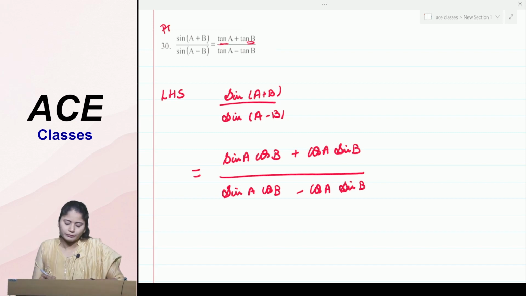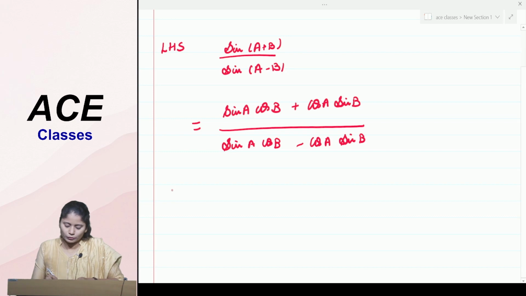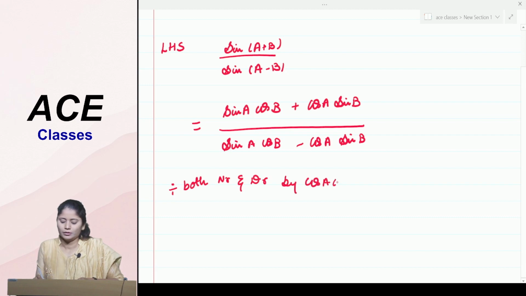So in order to get my tan A and tan B, divide both numerator and denominator by cos A cos B, because in order to get tan, I don't want this cos, and I need cos A in the denominator.